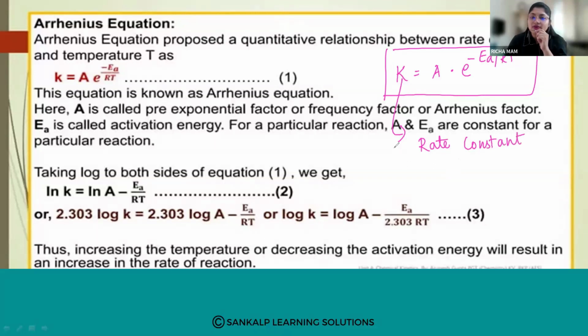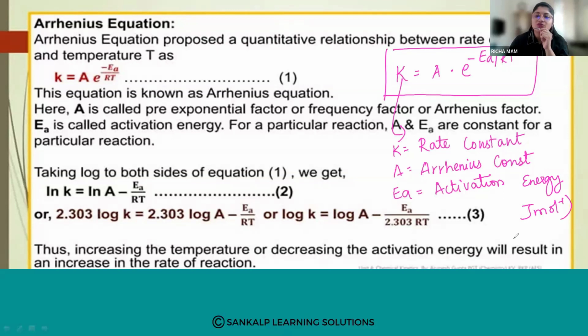Then A is what? A is the Arrhenius constant. Then EA is what? EA is the activation energy. The activation energy is given in joule per mole. Next we are left with T. T is the temperature, and the temperature is given in Kelvin.